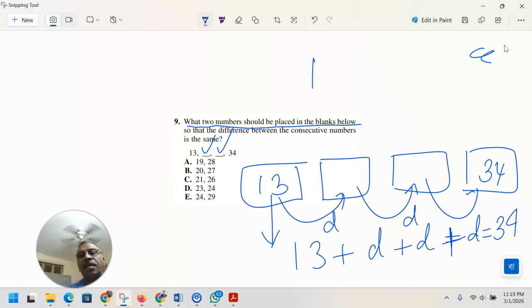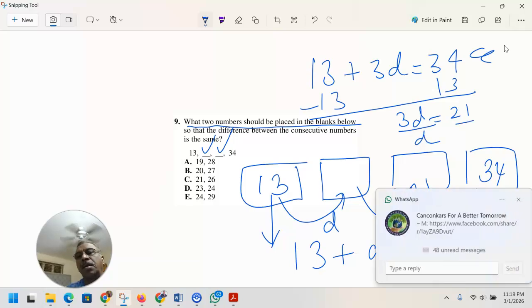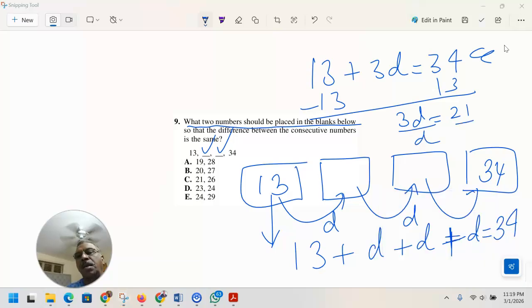So that means it becomes 13 plus 3D equals 34. If you subtract 13 on both sides, you get 3D equals 21, and dividing by 3, you get 7.